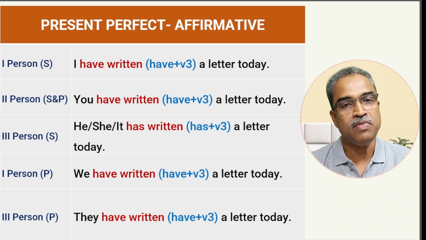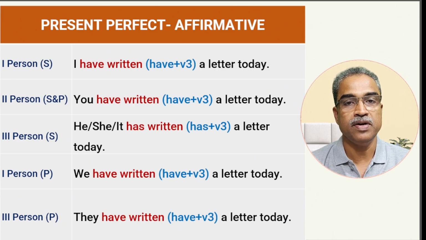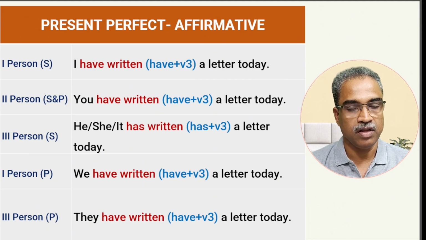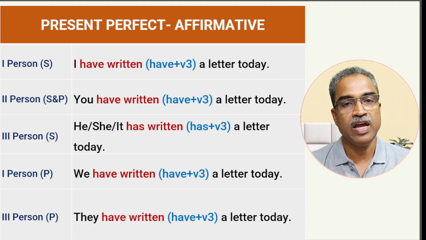So there is no meaning difference between have and has. It's all the same. But the usage differs when it comes to persons. So first person, second person, third person plural, we use have. But third person singular, whenever we have singular subjects, then we use has.